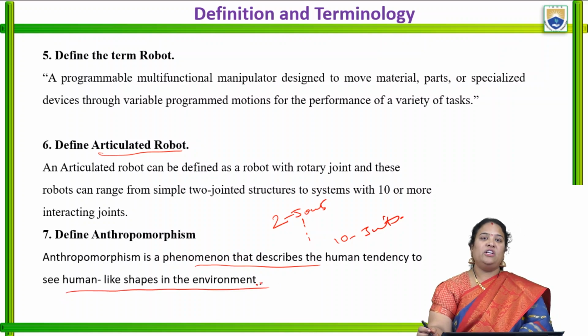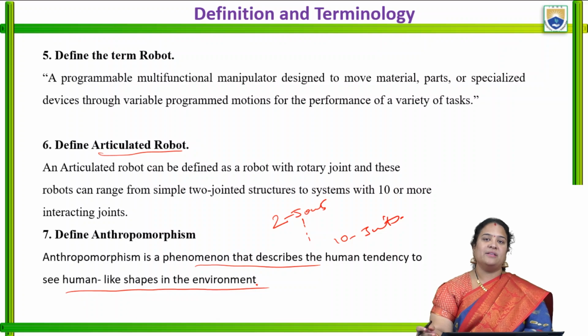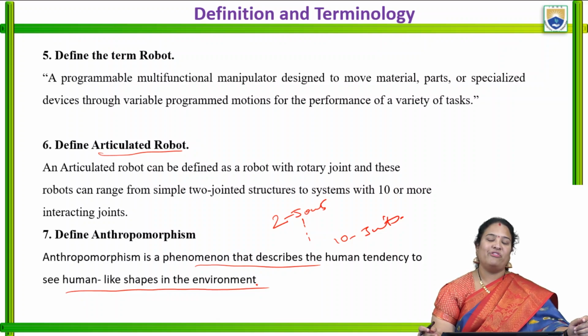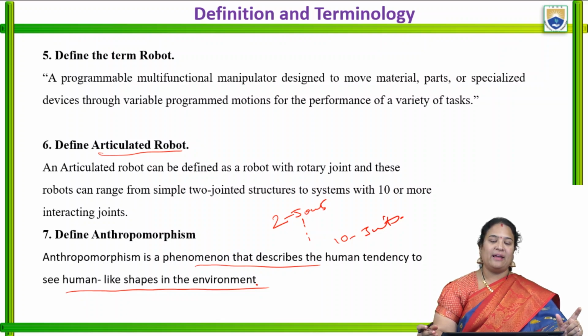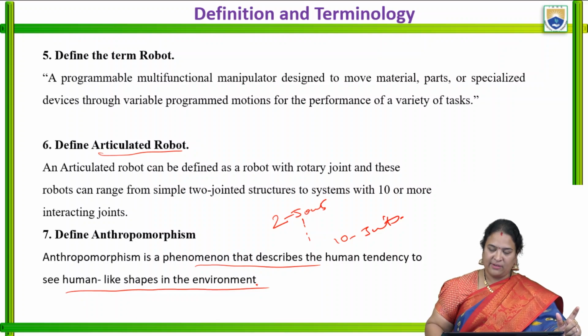When we need to see shapes the same as those of a human in the environment, then this phenomenon is to be used in the robot. That is, when we are not using this phenomenon in the robot, it cannot identify the shapes in the environment as a human does. So when this phenomenon is added to the robot, it can identify the objects which a human can in the environment.